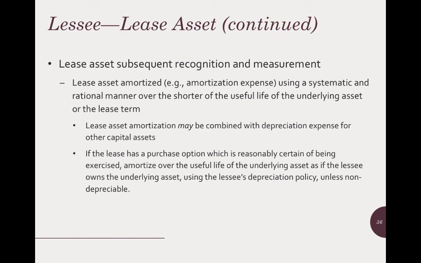And then in subsequent periods, you're not depreciating that because it's an intangible asset. It's a right to use. So you're amortizing it and reporting amortization expense using a systematic and rational manner over either the shorter of the useful life of the capital asset or the term of the lease.